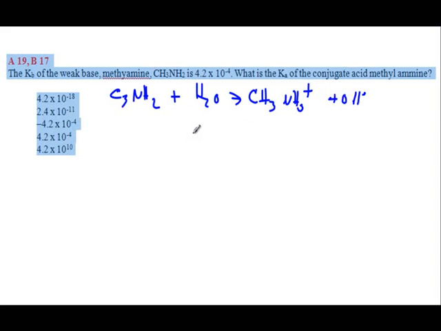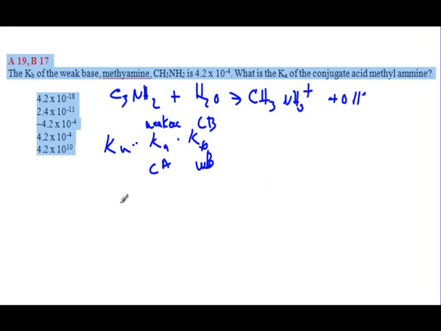Now, we know Kw equals Ka times Kb, and we can use this if we have a weak acid, for its conjugate base, or if we have a weak base, for its conjugate acid. That's really what we have here.